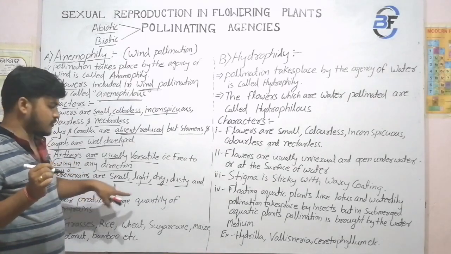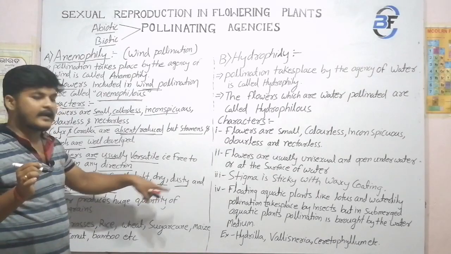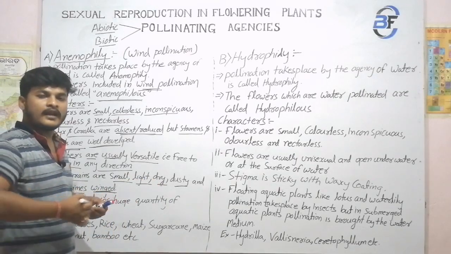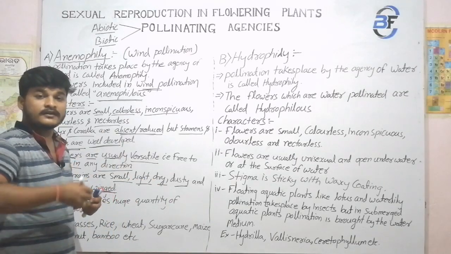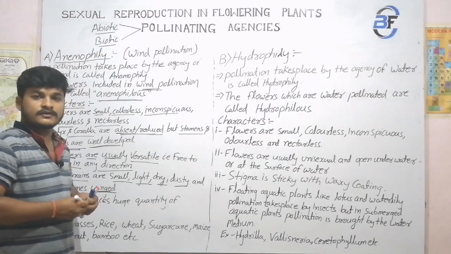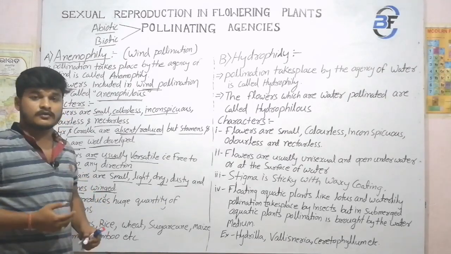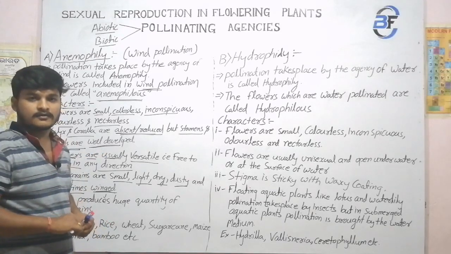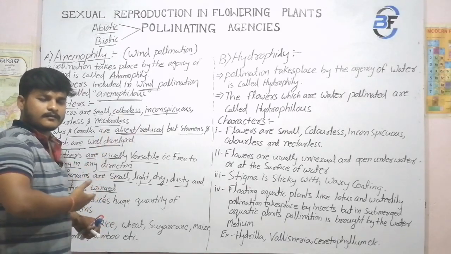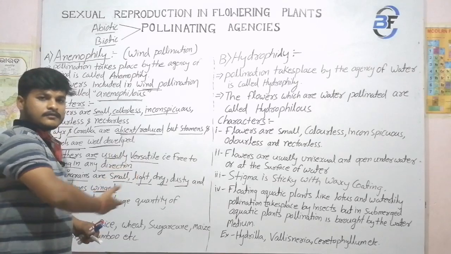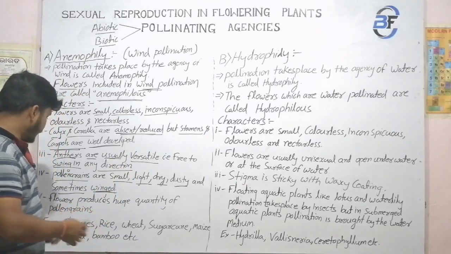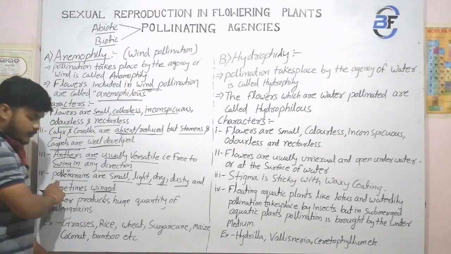Because of the winged nature and the light, dry and dusty nature, they can move a long distance in wind. These winged pollen grains can travel up to 1300 kilometers. So they can move far away. This is also an important feature.